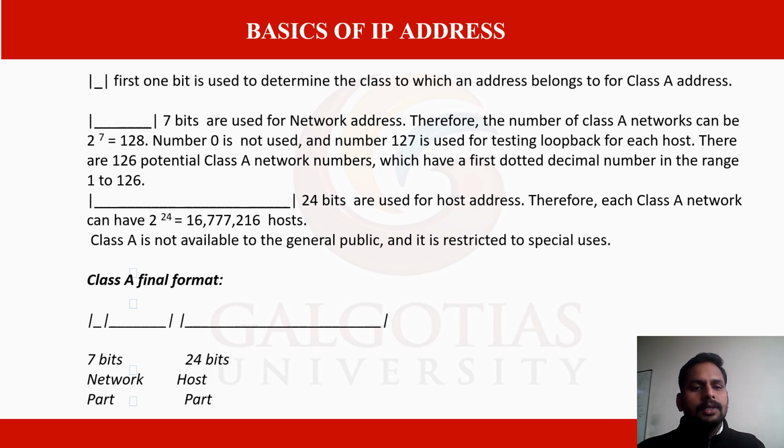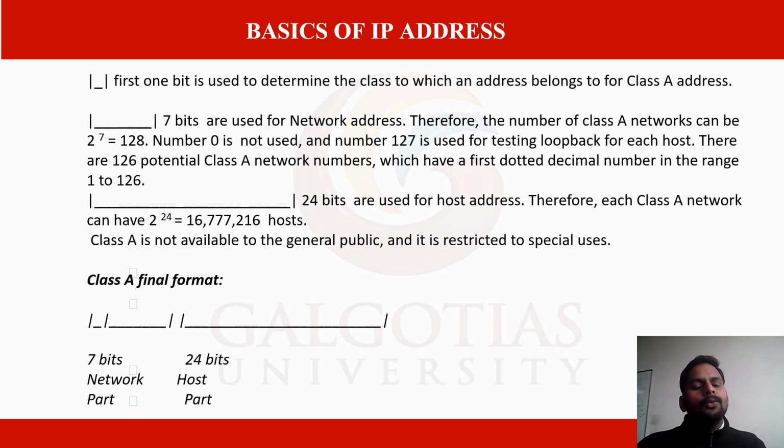And you see here the first one bit is used to determine the class to which an IP address belongs, for class A addresses. okay, that means the first bit they are talking about. And the next part is for the network address that I told you already, because the ranges are starting from 0 to 126.